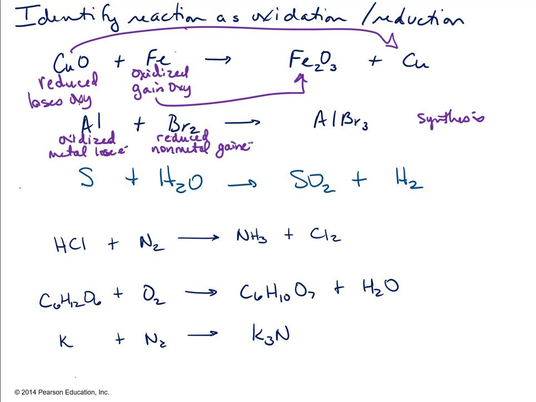So next one, S plus H2O makes SO2 and H2. What happens to sulfur? So it is oxidized. So look at S, look on the product side, see that S is now SO2. So sulfur gains oxygen. What happens to the water then?